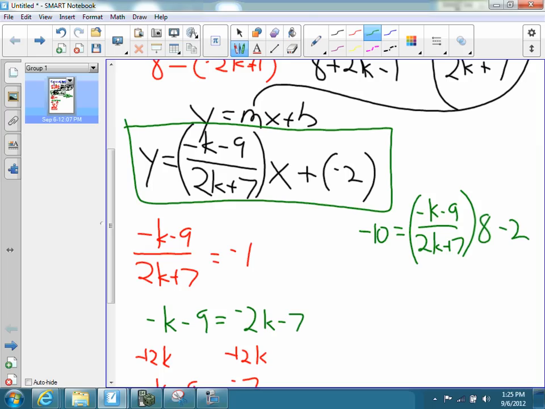Since my point (8, -10) is on that line, I could plug those values in, and if I work this whole thing out, I'm going to come up with the same answer. But much more elegant.